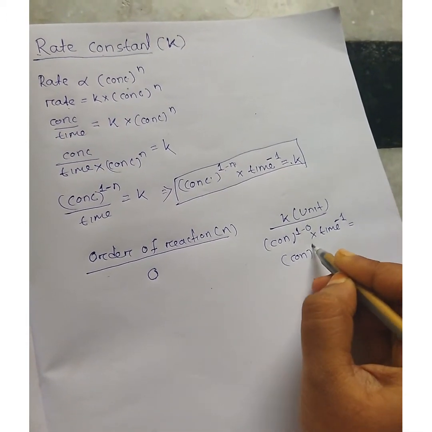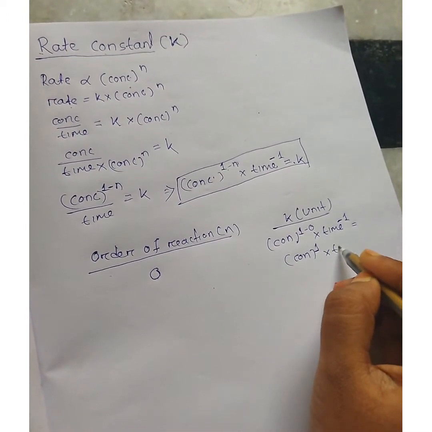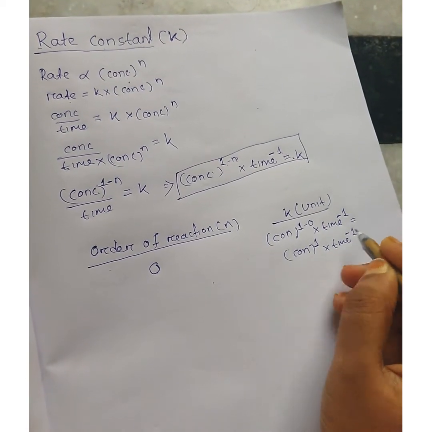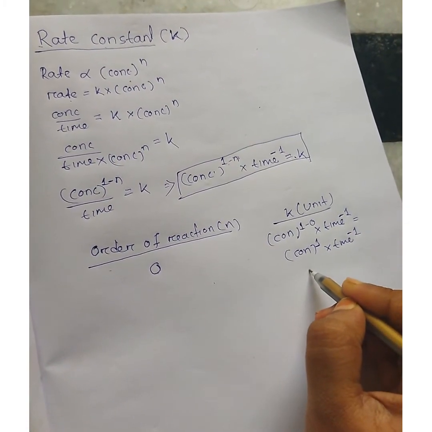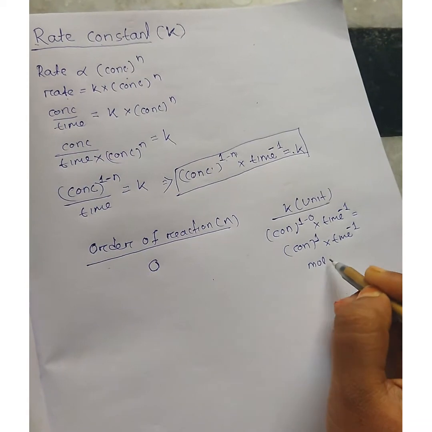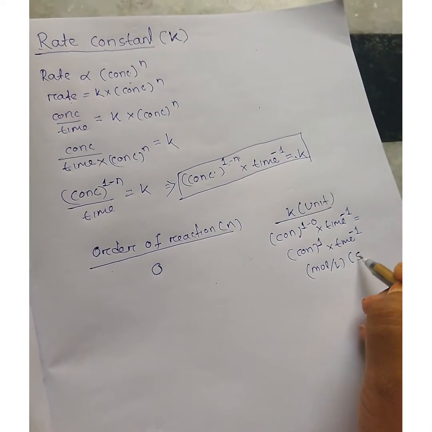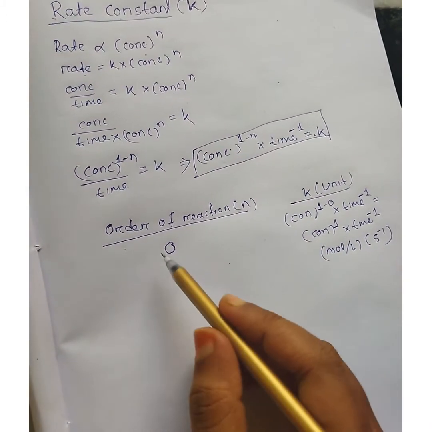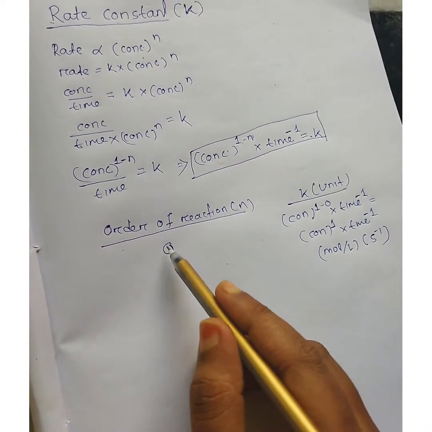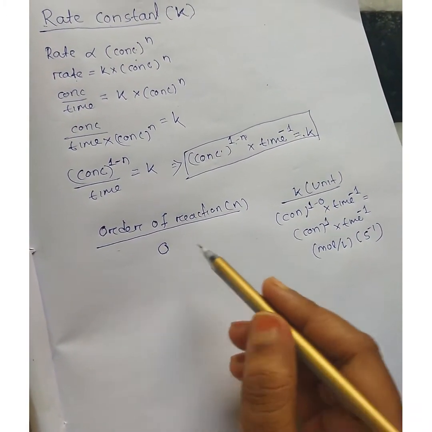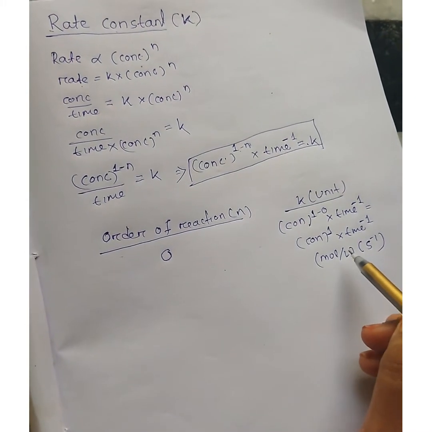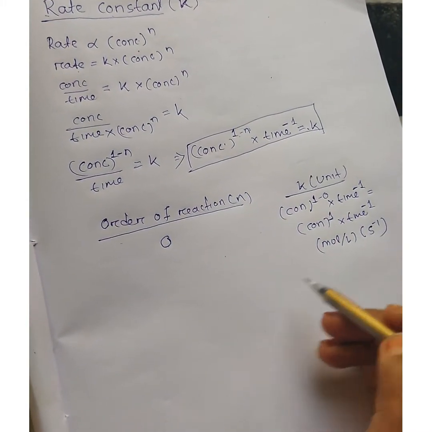Concentration to the power 1 into time to the power minus 1. Concentration is mole per liter, and time second inverse. If the order of the reaction is 0, then what is the unit of rate constant? Mole per liter into second inverse.